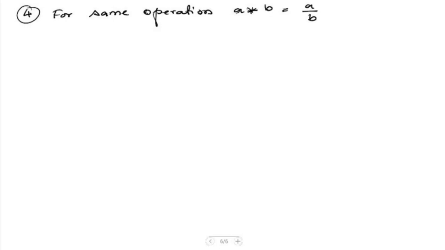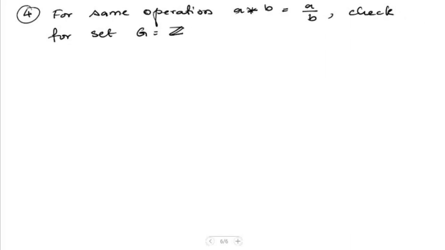Let's do example 4. For the same operation like question 3, let's say A star B is equal to A over B. Check for set G equal to integer numbers now.